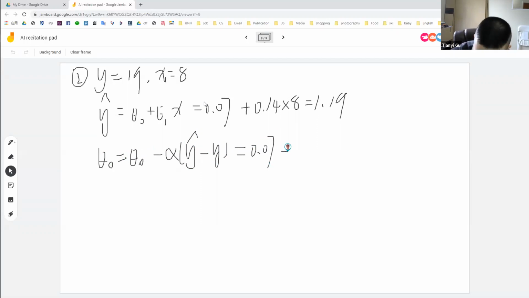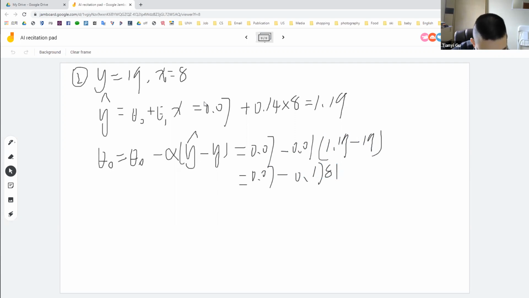So it's 0.07 minus 0.01 times 1.19 minus 19. It's a large difference so far.